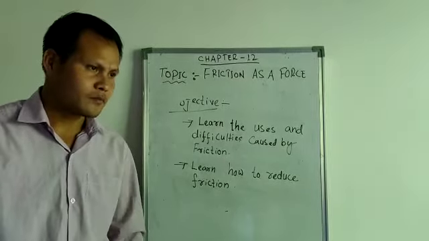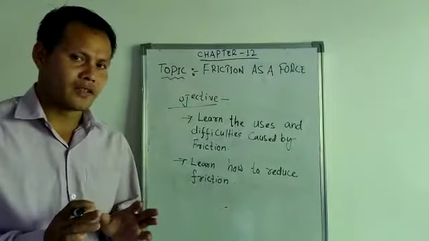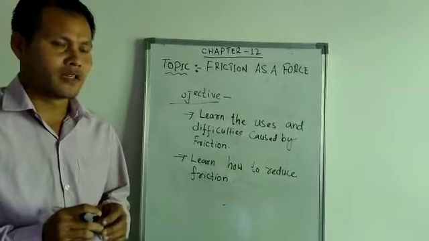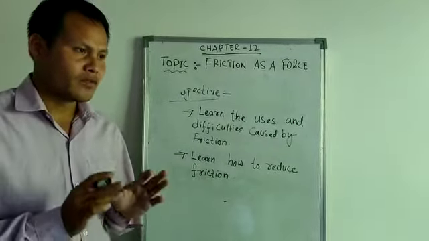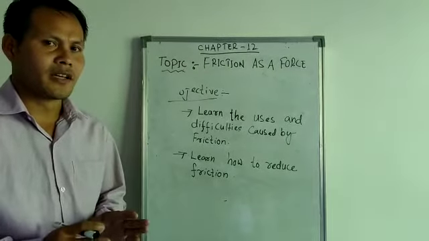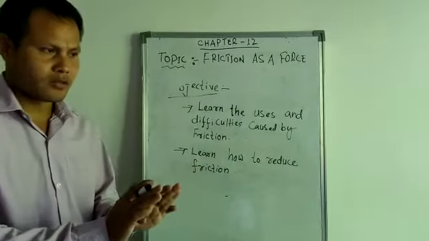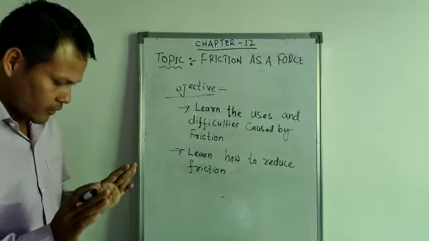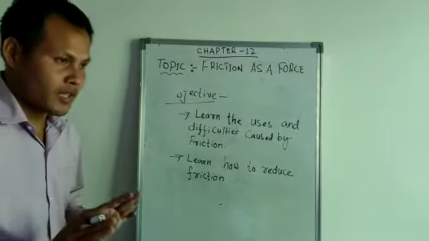For example, when you try to push a box, as I gave a similar example in the previous chapter when I spoke about the frictional force, I'm telling you once again: when you push a box that is kept on the floor, the direction of the frictional force will act opposite to the object that you are pushing.